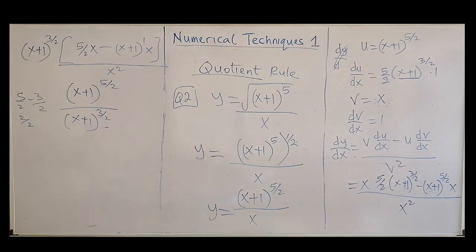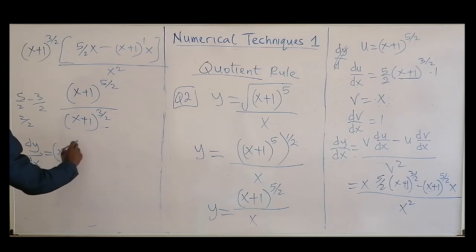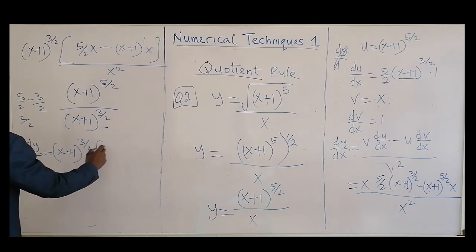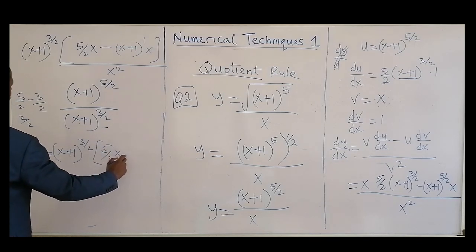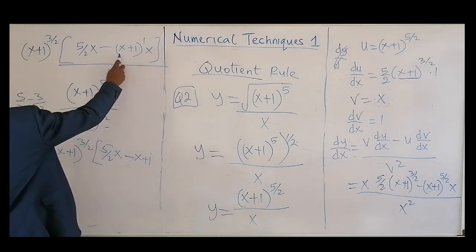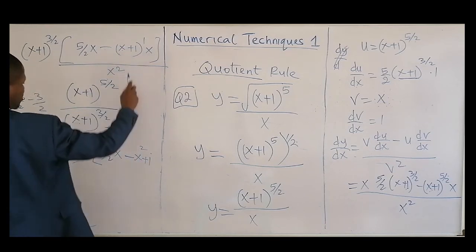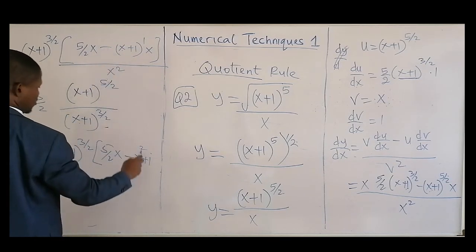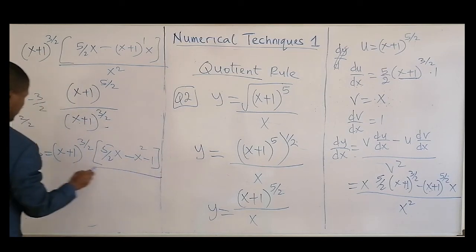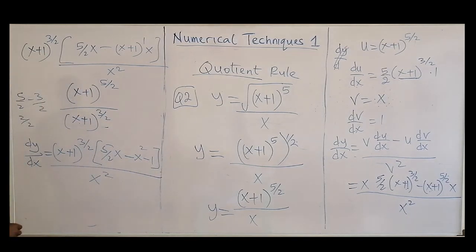So the final conclusion: dy/dx will be equal to x plus 1 to the power 3 over 2 times the bracket 5 over 2 x minus x squared... then minus 1, all over x squared. So now finish the work.